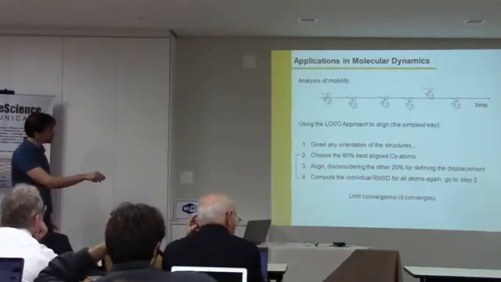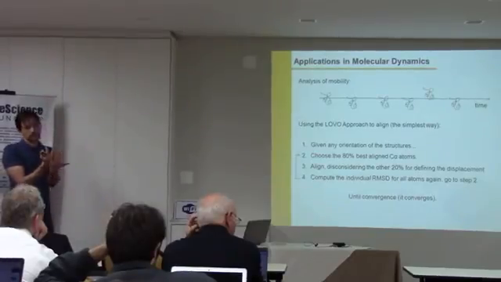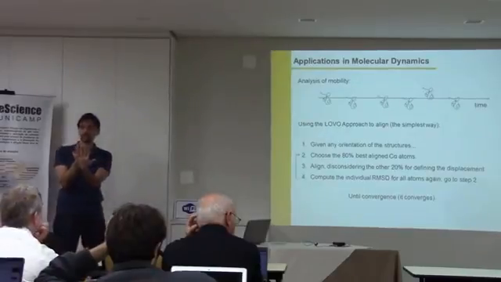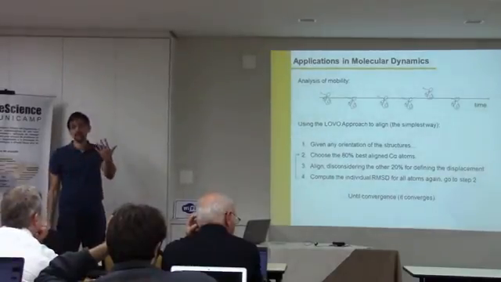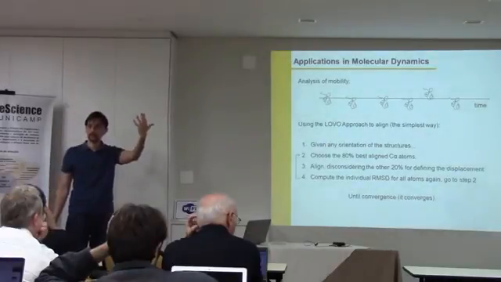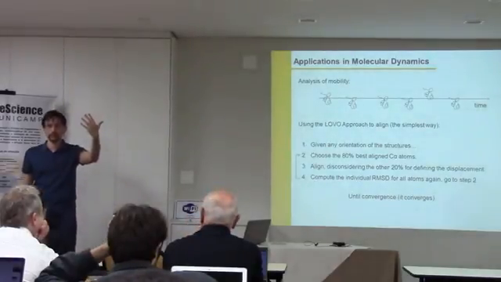And by applying this procedure iteratively, well, we will arrive to a moment where this iterative procedure will converge in the sense that we will obtain which is the best 80% atoms with the best relative movement of the two structures.